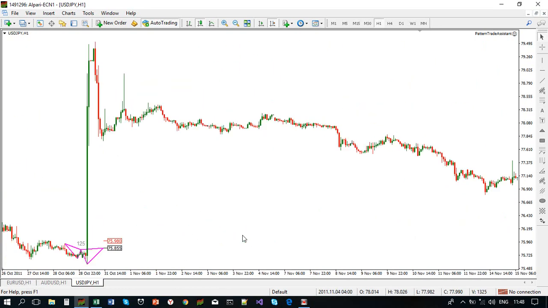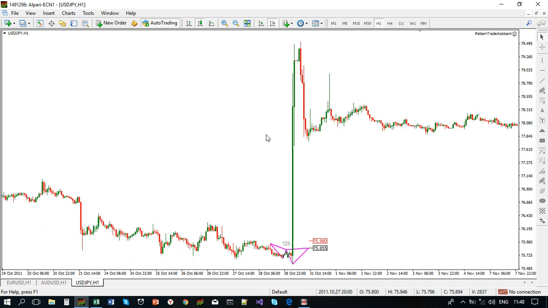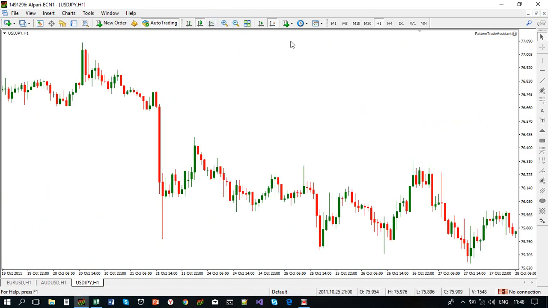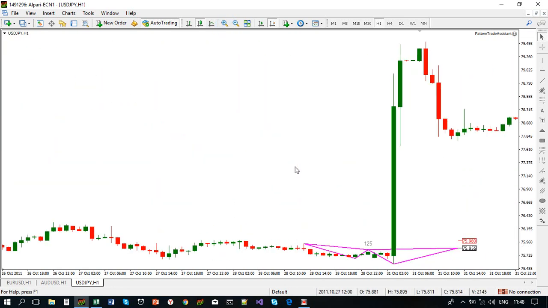We're getting closer. Oh, look at this loss. Nothing could prevent this loss. This was perfect. And look at how small this pattern looks, yes?